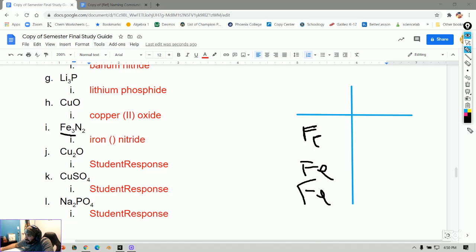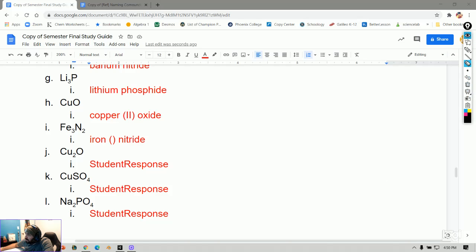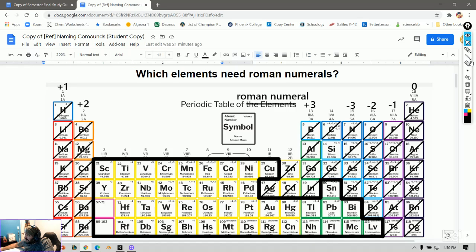So I have 3 irons, I have 2 nitrogens. I have N and N. So this Roman numeral, I don't know the charge of iron, so I can't do anything with that yet. But I do know the charge of nitrogen. The way I know that is if I go here to the periodic table and I find nitrogen, and I look directly up, the charge is -3.